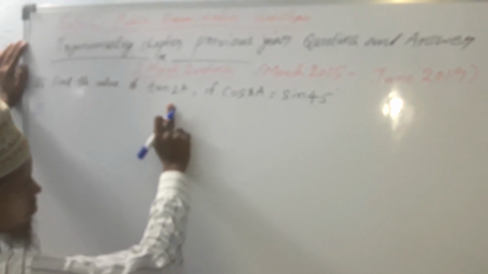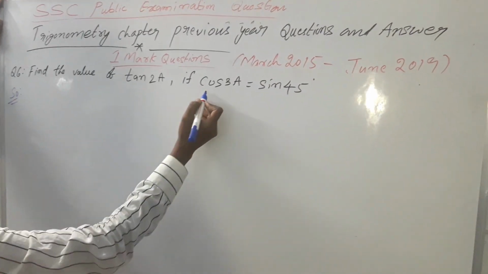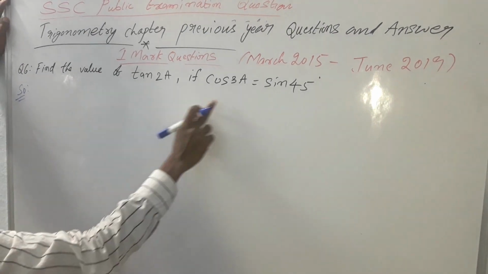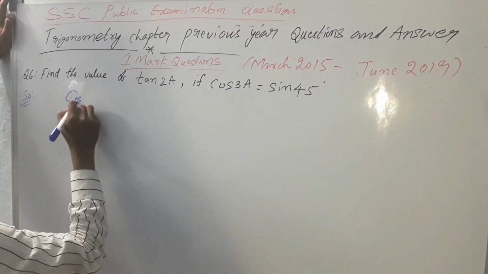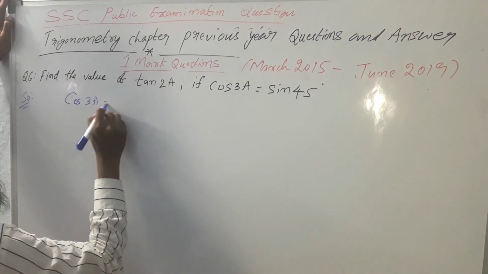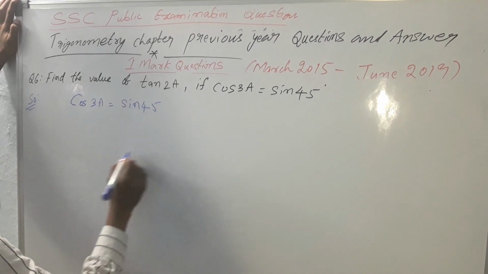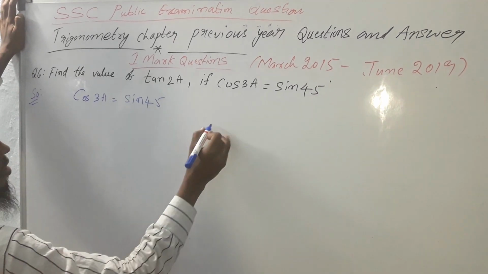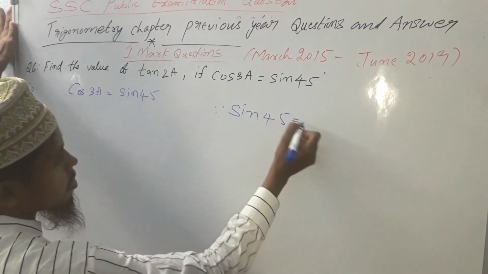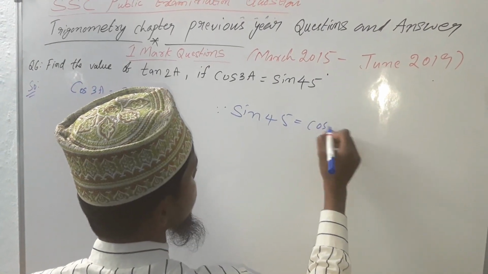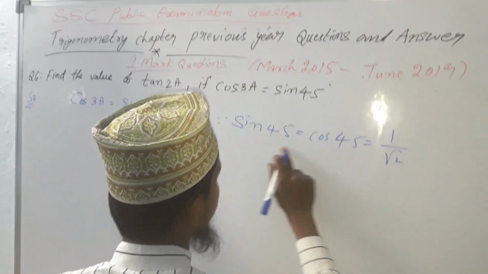Find the value of tan 2a if cos 3a is equal to sin 45. From this, we have to find the value of a. Cos 3a is equal to sin 45. We know that sin 45 is equal to cos 45, that is equal to 1 by root 2.